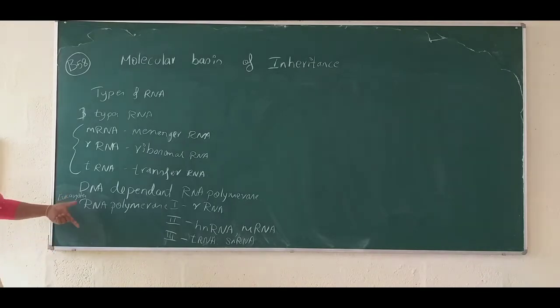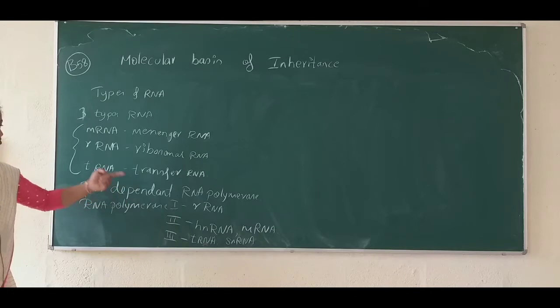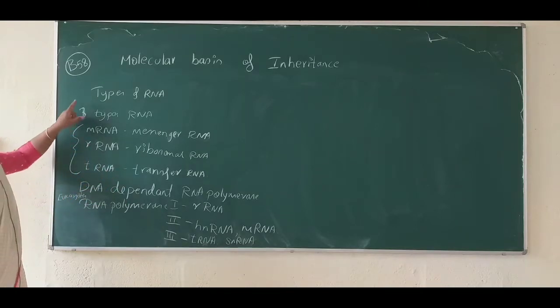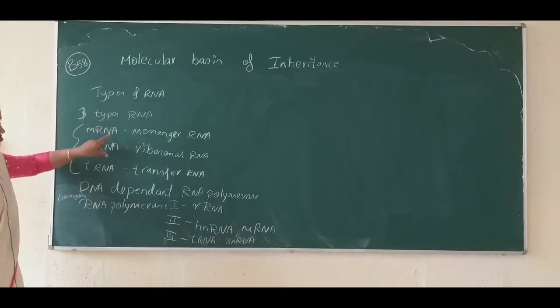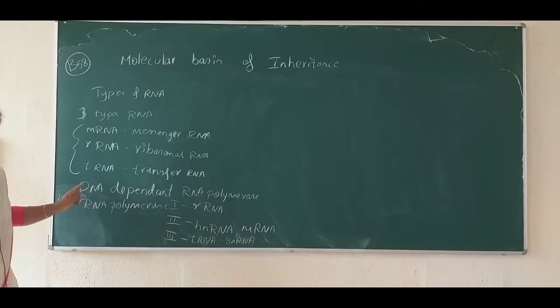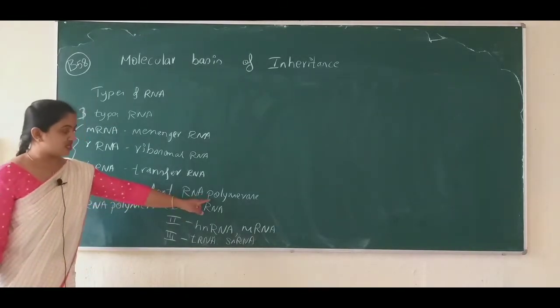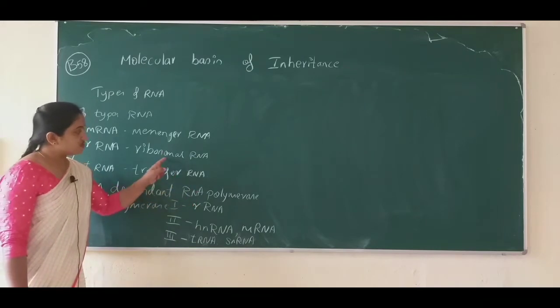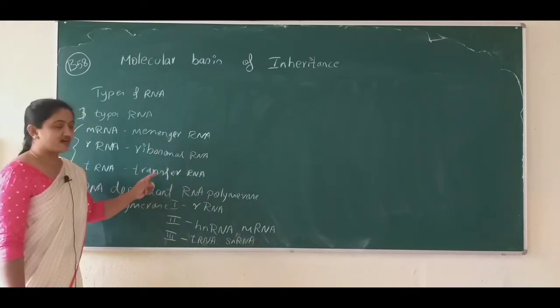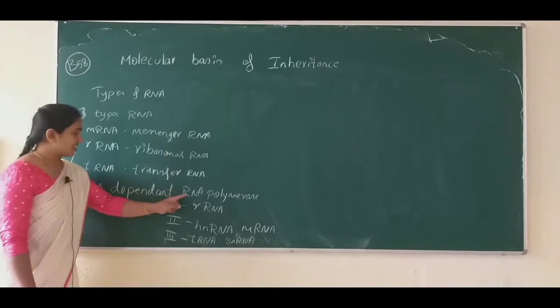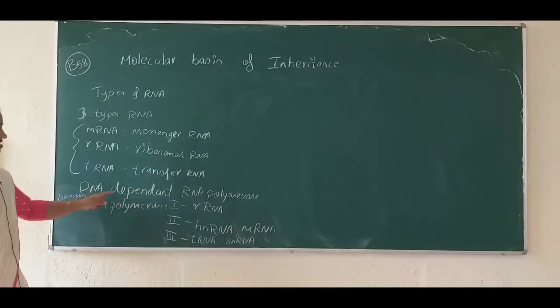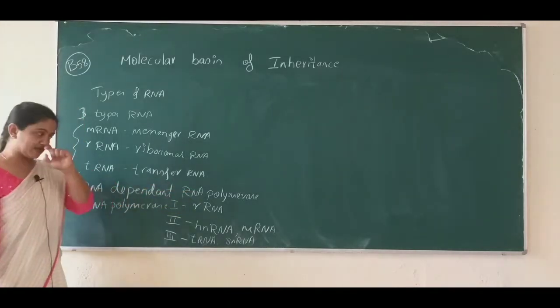So in eukaryotes there are three types of RNA polymerase, but in prokaryotes there is only one type of RNA polymerase which transcribes all the types of RNAs. That RNA polymerase is DNA dependent RNA polymerase.